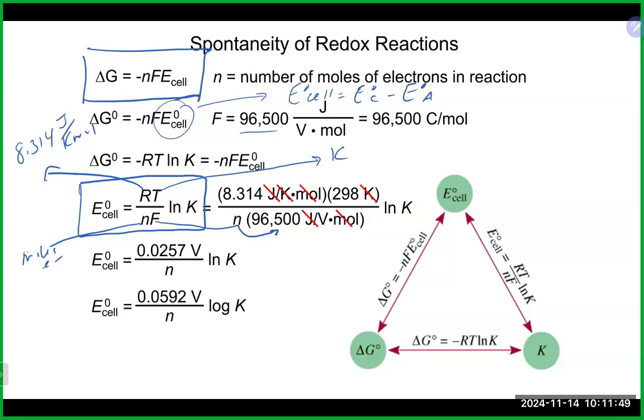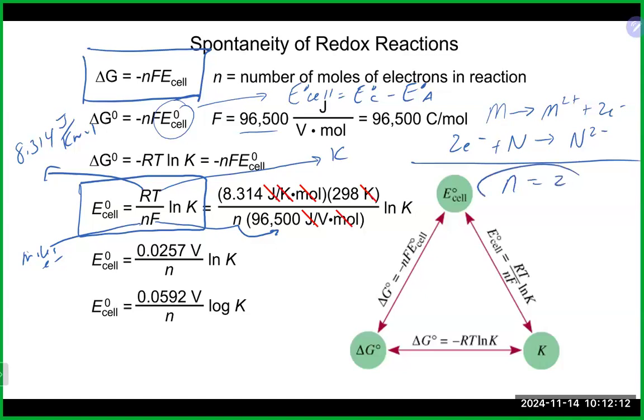A mistake sometimes people make, for example, is if we have this equation here where something gives up a couple of electrons, then a couple of electrons get added to something. And you want the N in this situation. N in this case would equal 2 only.